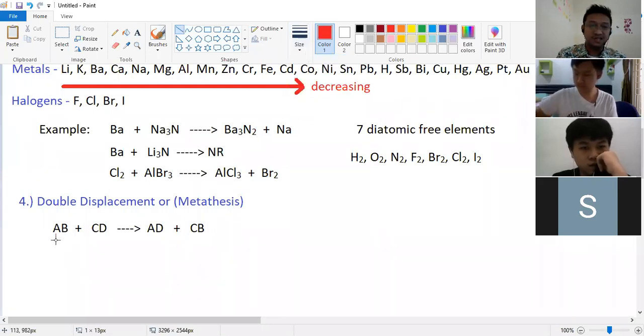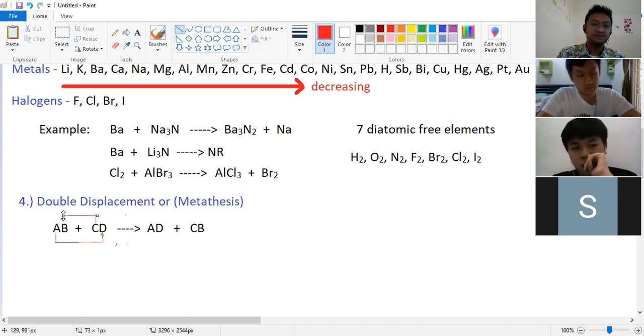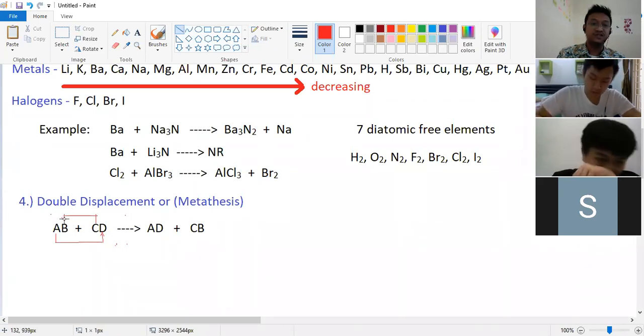A and D are the ones to combine to form a compound. And the second is C, which will combine with B. So this is how you can easily remember it.